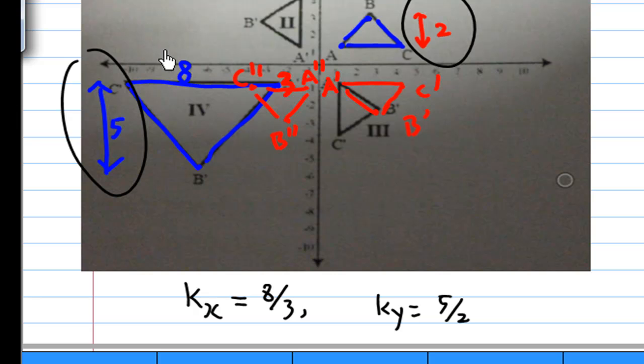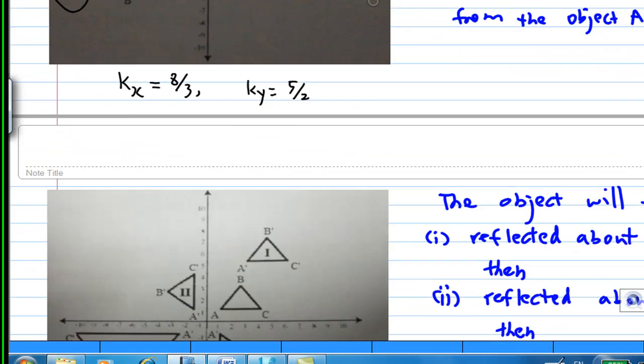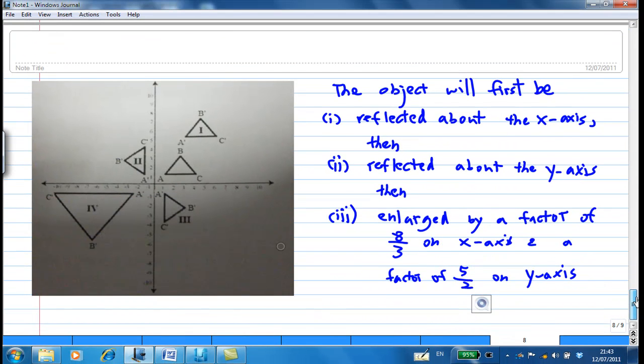To summarize, these are the 3 transformations we do. First, reflect about the x-axis, then reflect along the y-axis, then enlarge by a factor of 8/3 in the x-direction, and a factor of 5/2 in the y-direction.